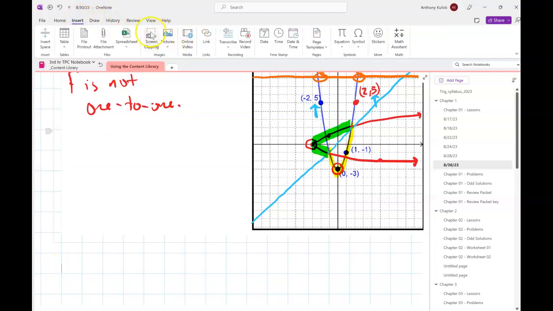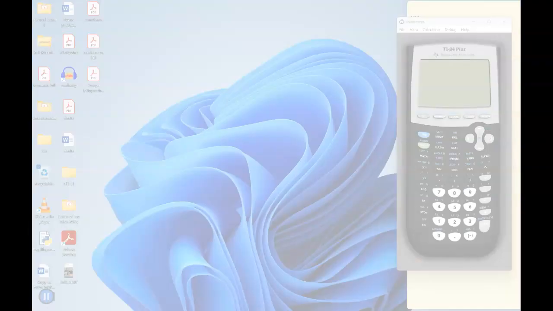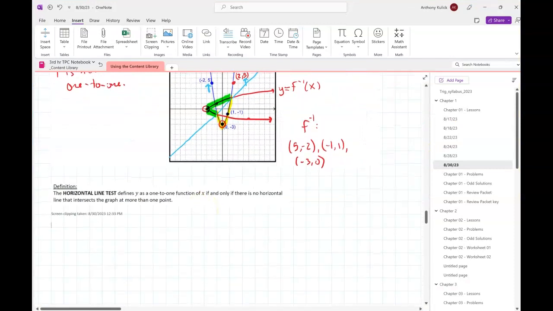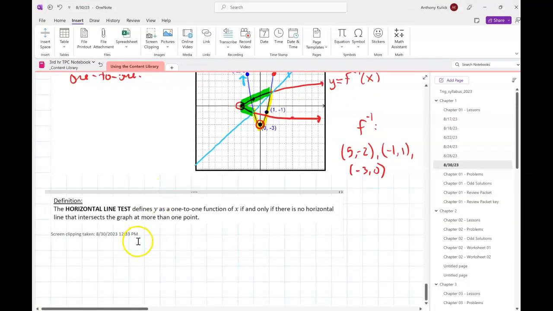So we'll call this the horizontal line test. We'll say that the horizontal line test defines y as a one-to-one function of x if and only if there is no horizontal line that intersects the graph at more than one point.